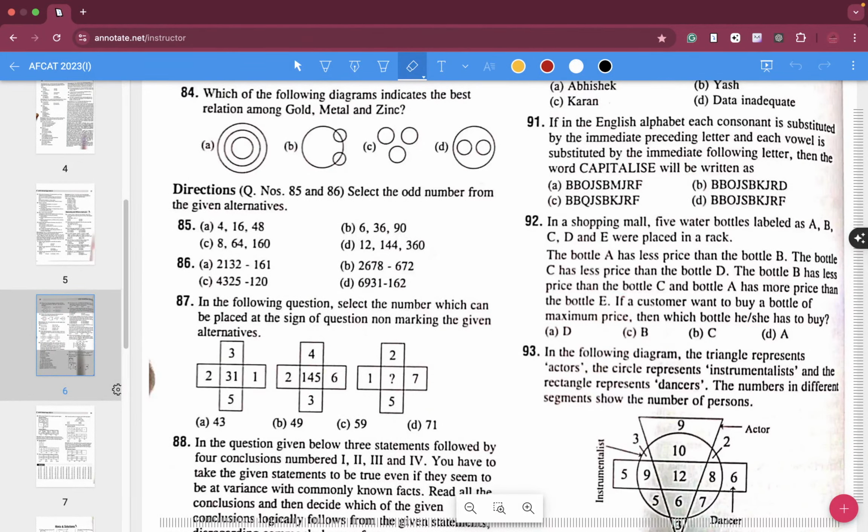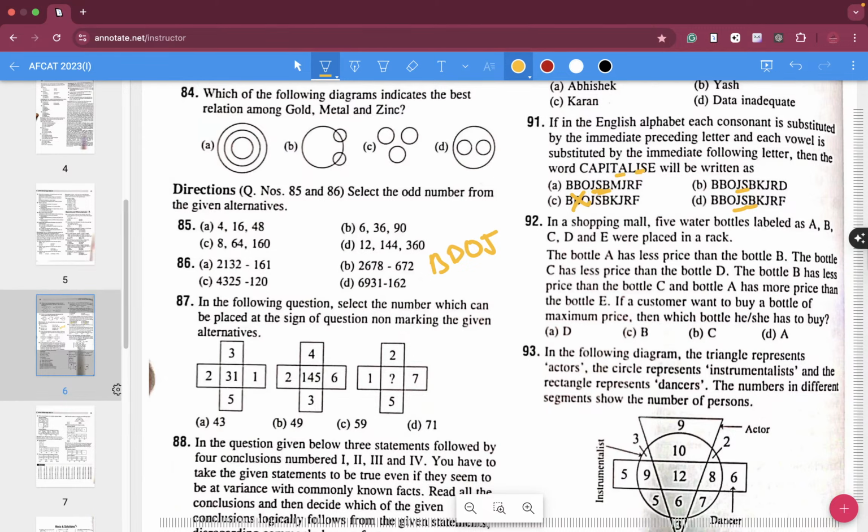If in the English alphabet each consonant is substituted by the immediate preceding letter, and each vowel is substituted by the immediate following letter, then C becomes B, A becomes B, P becomes O. So the third letter has to be O, and the fourth letter has to be J.